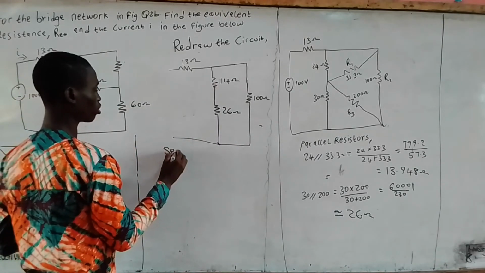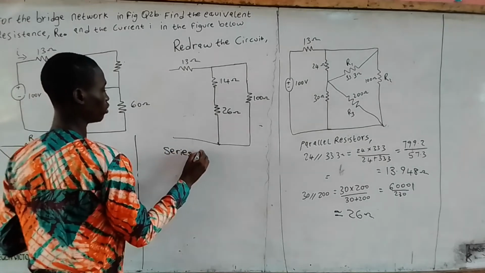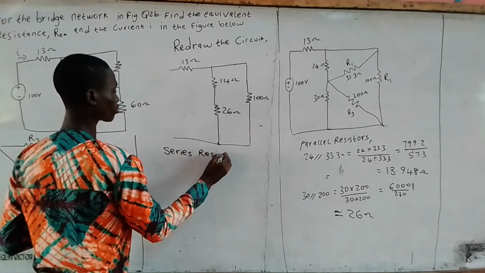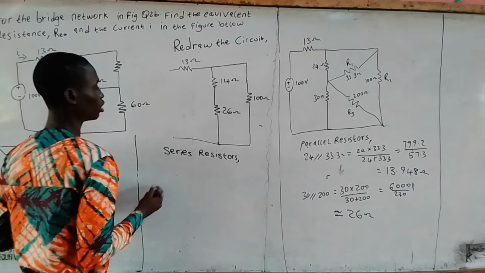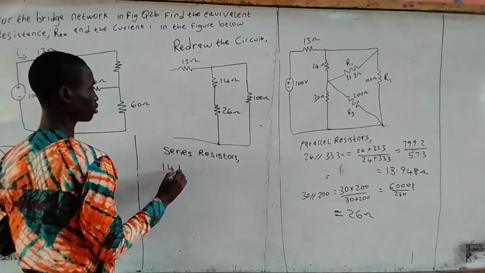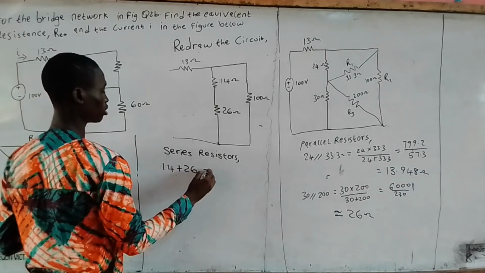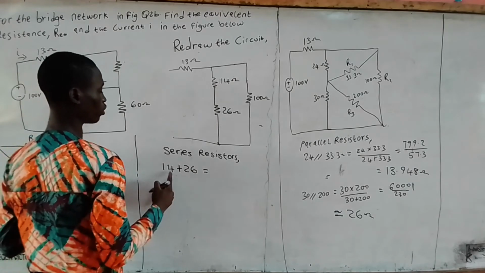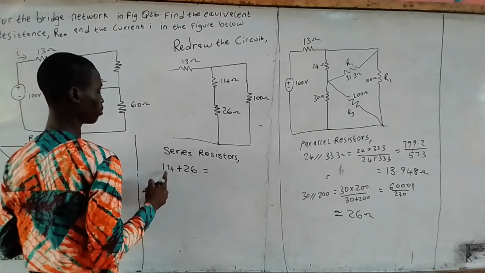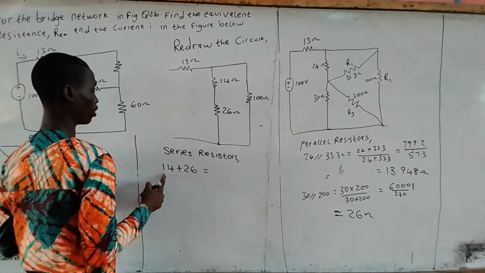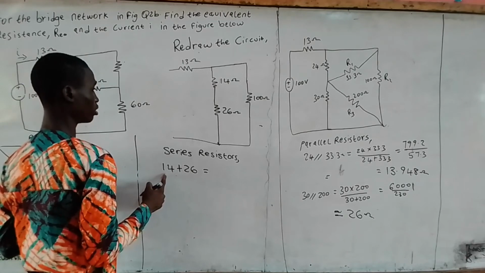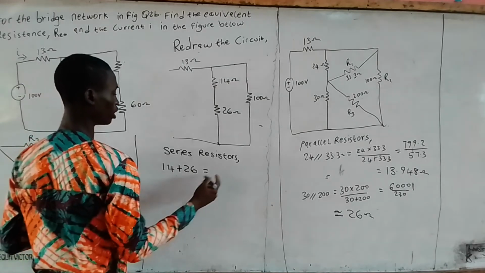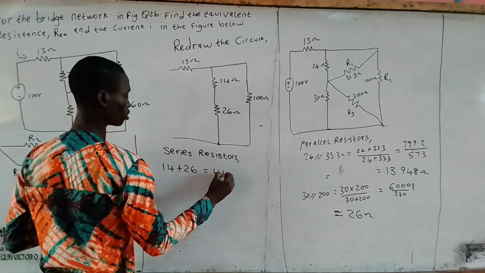So series resistors. You have 14 plus 26. 20 plus 10 will give us 30. 30 plus 10 will give us 40 ohms.